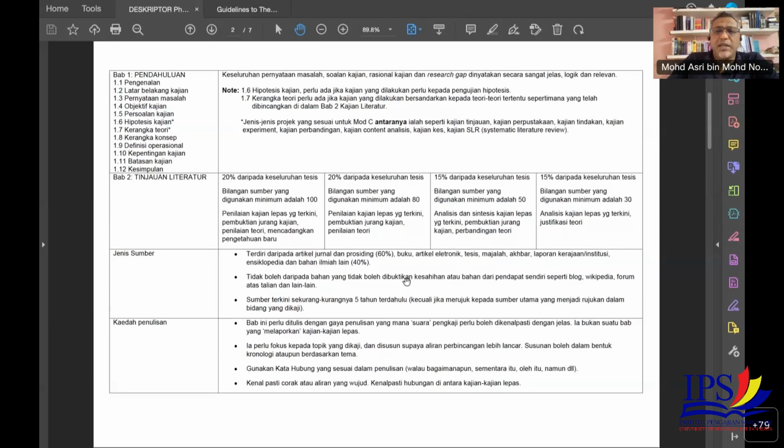So we need you to, instead of just describing or reporting what other researchers have said, be critical. That's what we mean by researcher's voice. We want you to be critical.